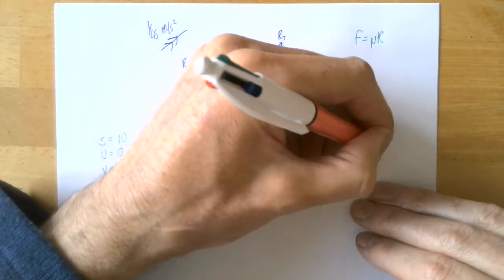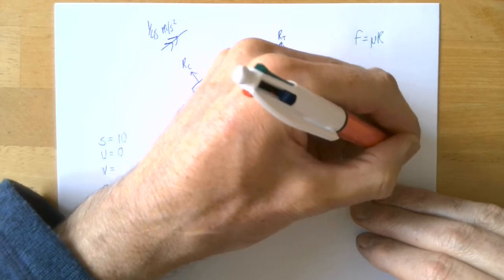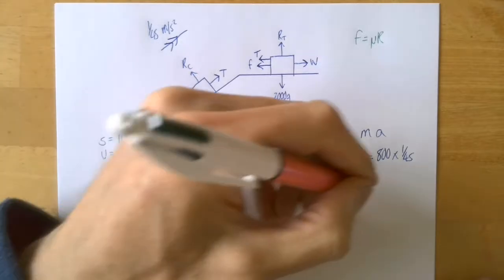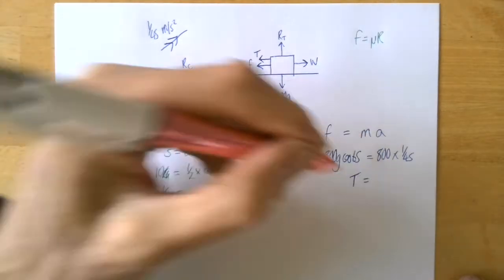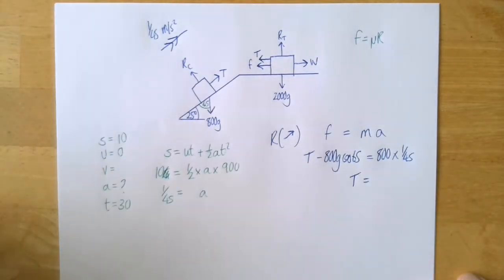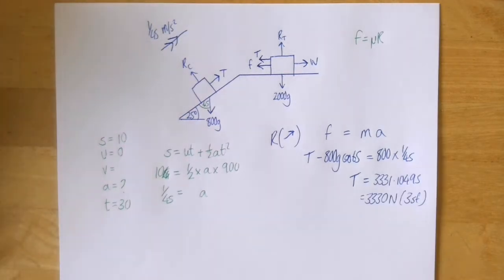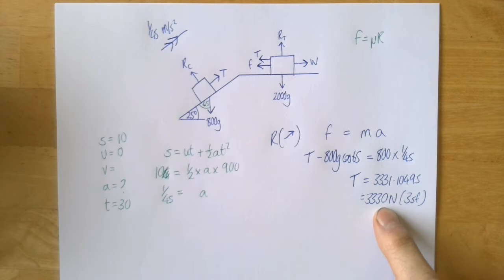Mass is 800 times 1 over 45. So we can do some sums there to work out the value of T. Okay, rounded it, but I've also stored the exact value because I may well need it.